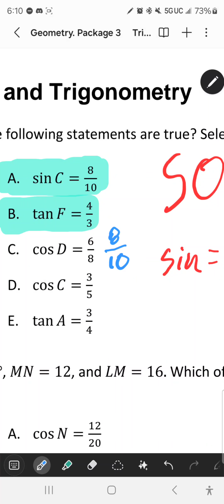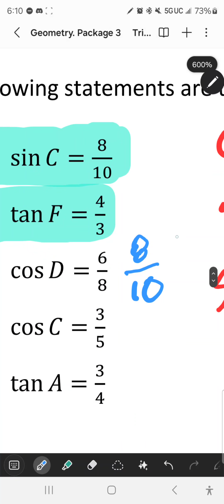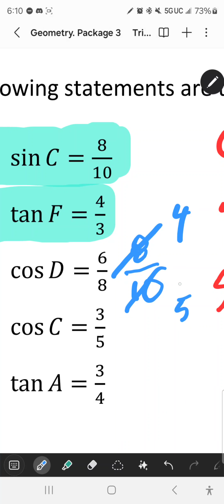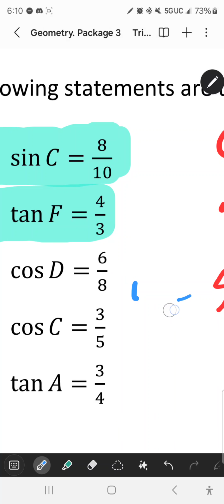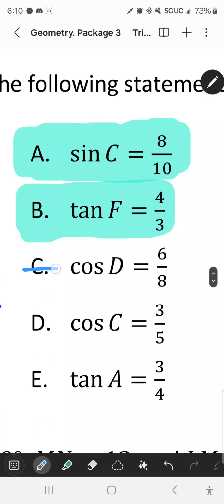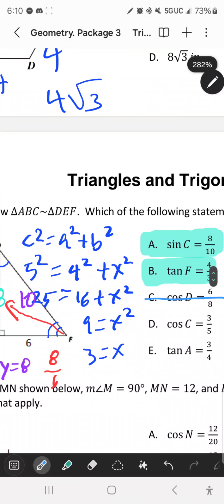Right here, you see there's nothing like it. If I simplify this, I get 8 divided by 2 is 4, 10 divided by 2 is 5. So it has nothing to do with the angle that we're looking for. So this is not our answer.